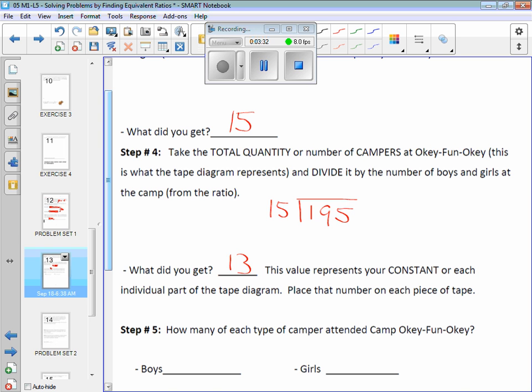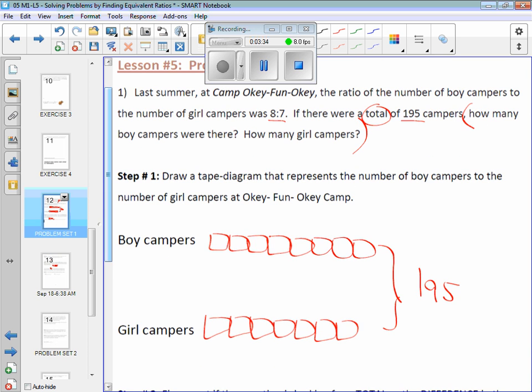So that then becomes my constant. That 13 is my magic number. I would put it in every box. Once you have found that magic number, go back and look at the word problem to find out what they're asking again. Sometimes they'll just ask how many boy campers. Sometimes they'll ask how many girl campers, but in this case, they want both.